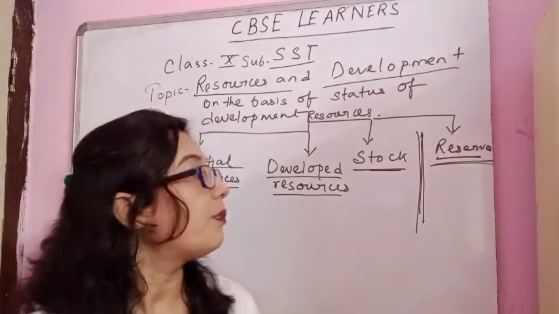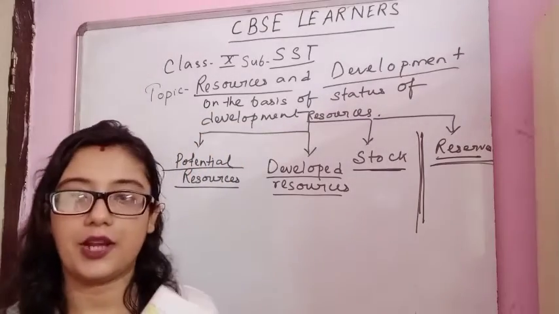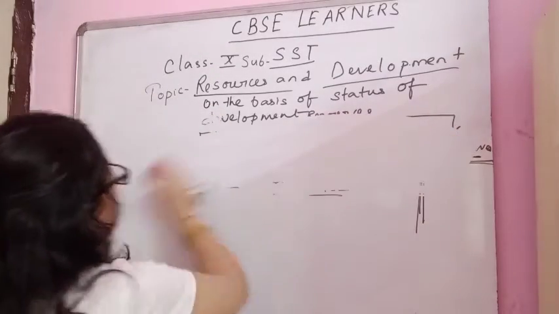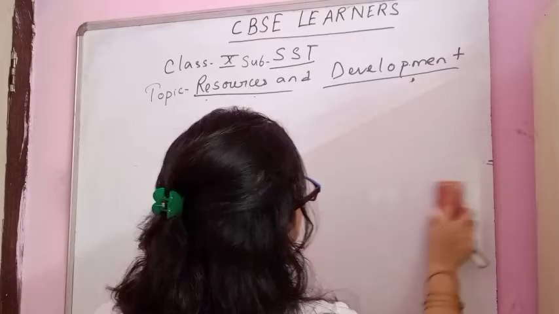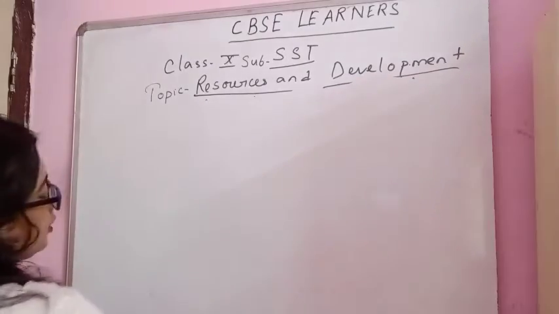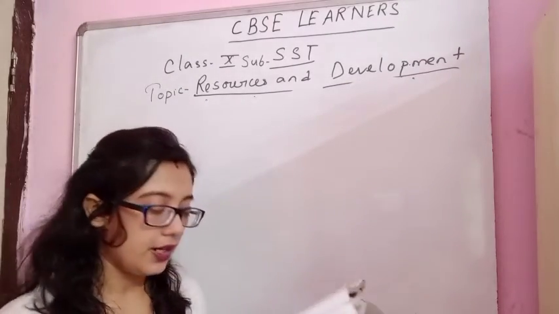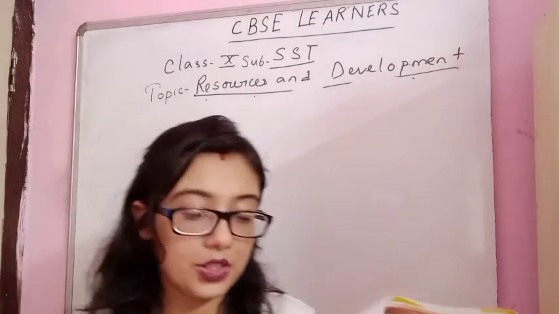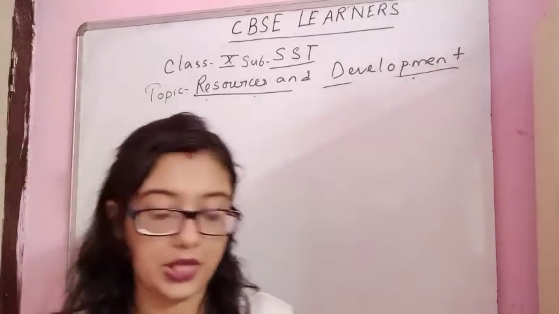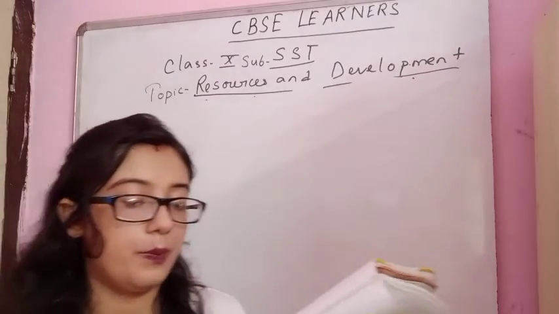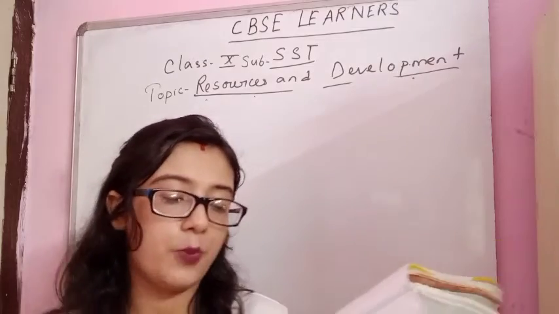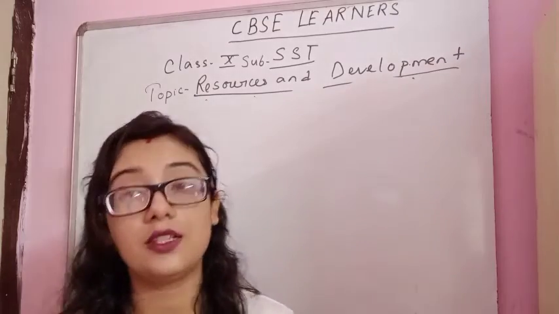Let's go further into the explanation. Let's see what potential resources are, and what the answer will be if a short note comes for potential resources. Resources which are found in a region but have not been utilized. For example, the western parts of India, particularly Rajasthan and Gujarat, have enormous potential for the development of wind and solar energy.